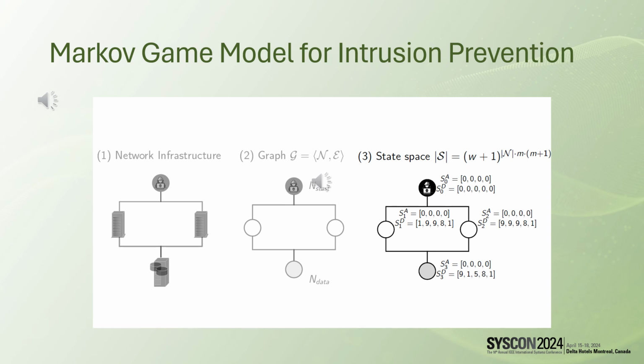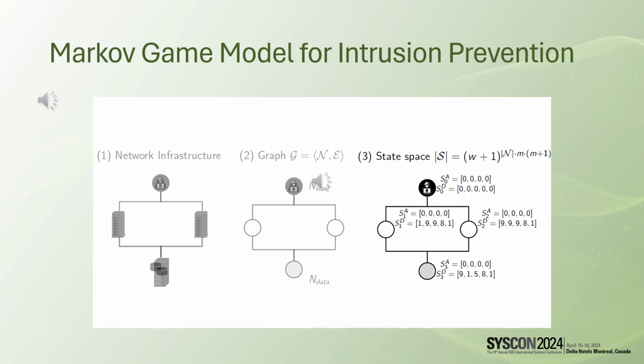Here the state space is given by a complex formula: the cardinality of S, referring to the number of elements of the state space S, is (W plus 1) to the power of M, where W and M likely represent specific parameters of the network or game model.